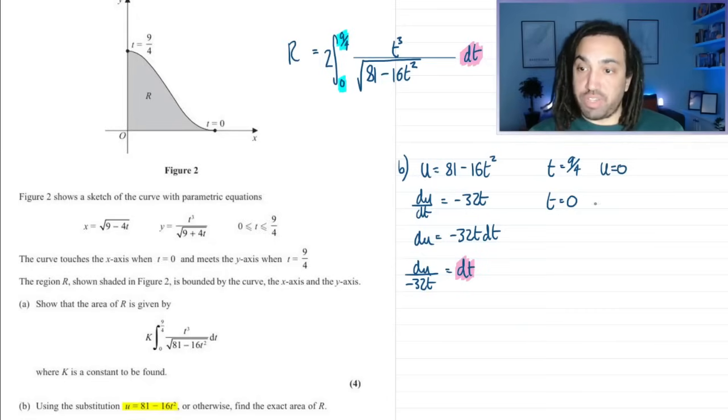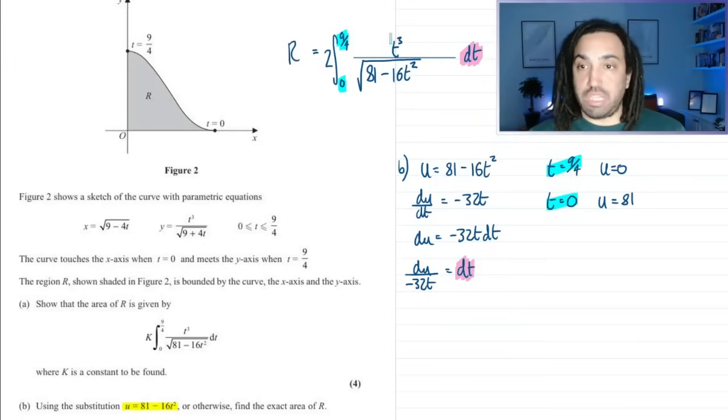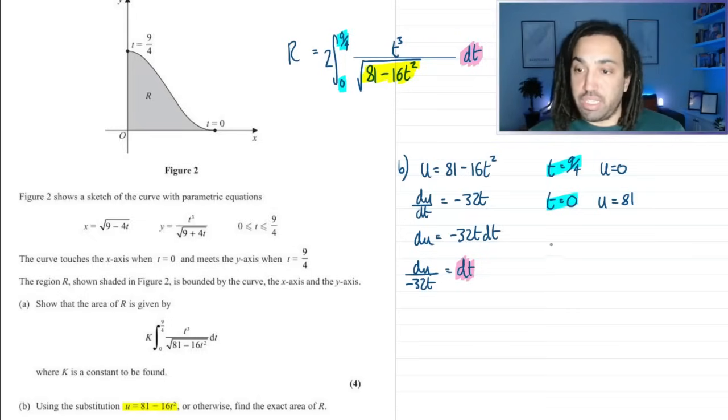So u is 0 for that. And for this one, when t is 0, we get u is equal to 81. Okay, great. So that takes care of these guys. And now, under the square root is exactly what our substitution is in yellow. So that's perfect. So we've just got this t cubed, which is a little bit annoying.